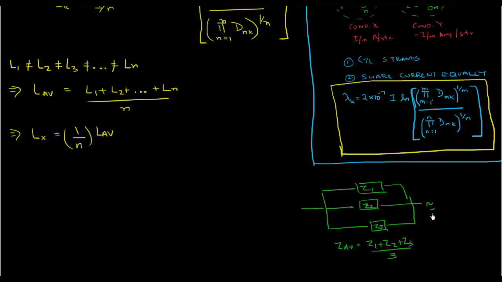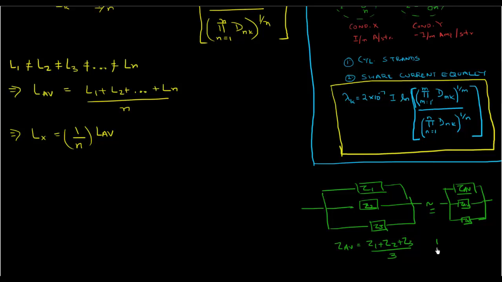This circuit, we can say approximately, can be shown as Z average. This is not entirely true, but this is just a rough explanation of why we are doing what we are.